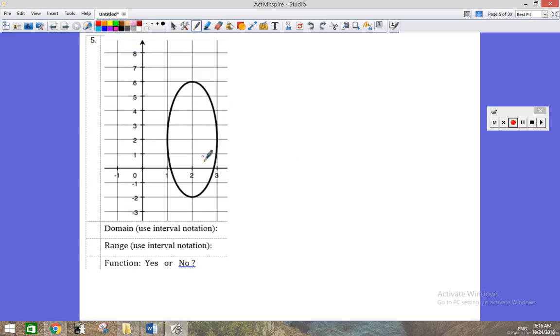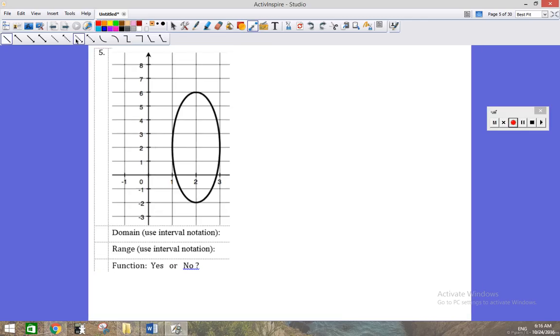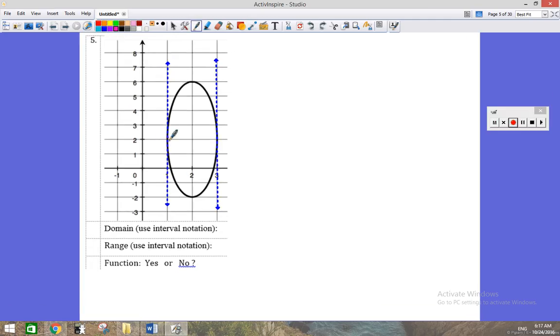Let's take a look here. We can see by inspection of the graph very easily that the domain, the set of x's, is sandwiched between these two values. Every point on this graph is between x equals 1 and x equals 3, including 1 and 3. It looks like it's tangent, it's touching there.